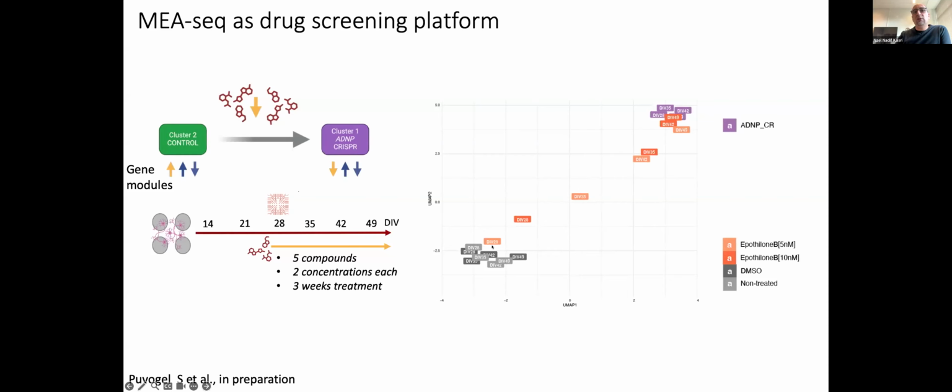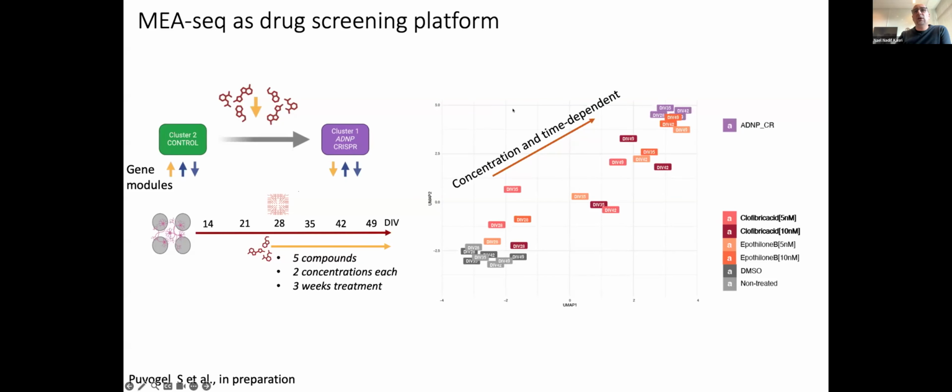This is very early, only 1 day after adding the compound, but after 2 weeks of adding the compound, this cell completely behaves like a disease cell. And we can do that for different drugs. This really shows that we now have a tool that allows us to look at concentration and time dependent modulation of the network. So it's really a very nice screening platform. And we will use this now also for the EHMT1 patients, or at least that's what we hope.